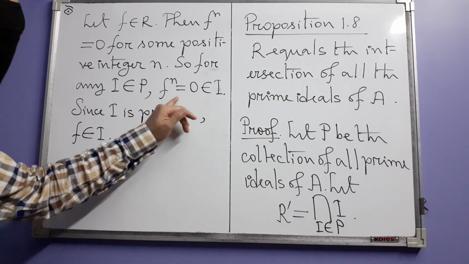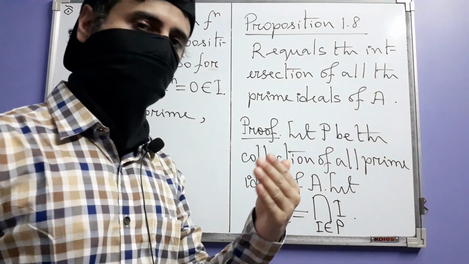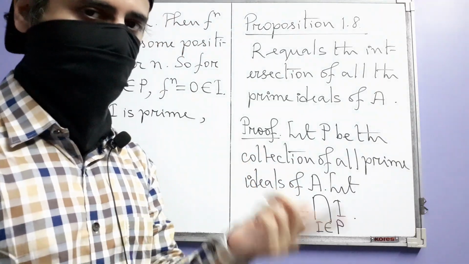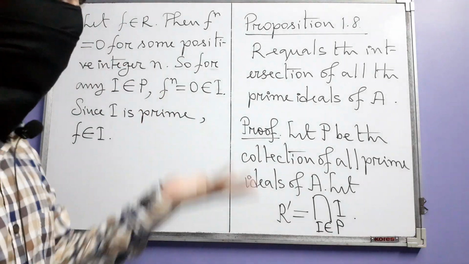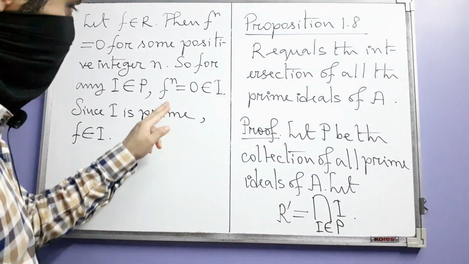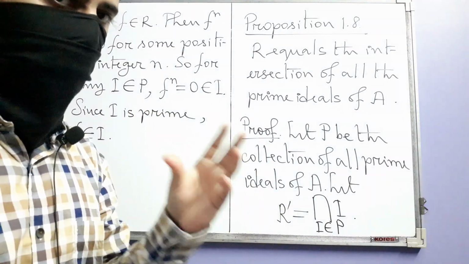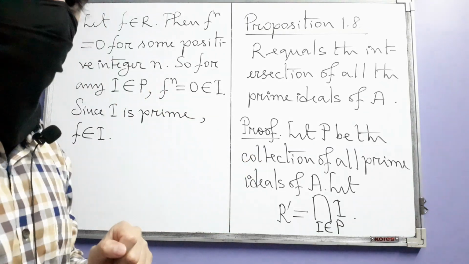I mean the actual definition that whenever the product of two elements belongs to a prime ideal, at least one of them has to belong to it. If you apply that definition to f square, say, then it tells you that f has to belong to I. But you can keep on using this property, or in fact the definition of prime ideal, to any higher power of f.